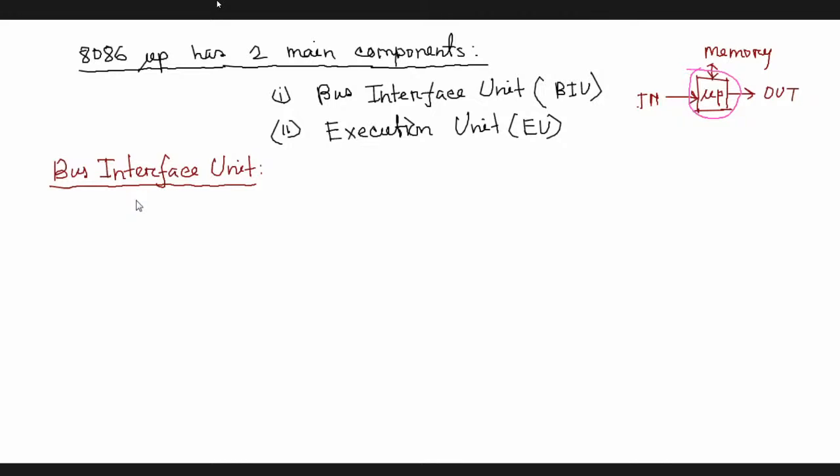When the user puts some instruction, it first goes to the bus interface unit, which stores it and later transmits it to the execution unit, and the execution unit performs the operation. So the bus interface unit brings instructions from the external or peripheral devices. What are the external or peripheral devices? Input devices, output devices, memory devices. These are known as external or peripheral devices.